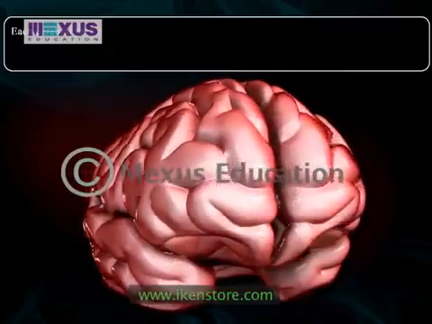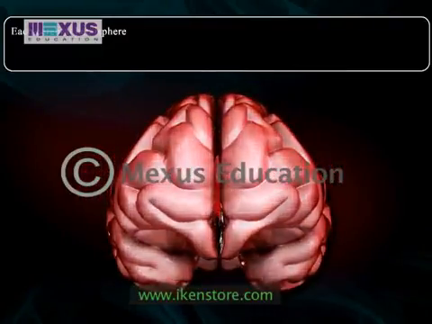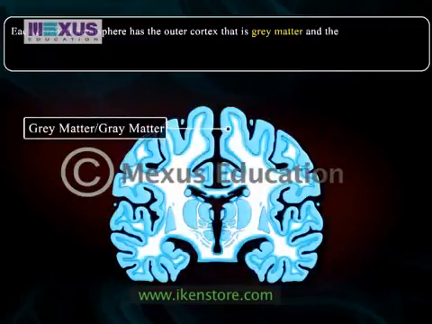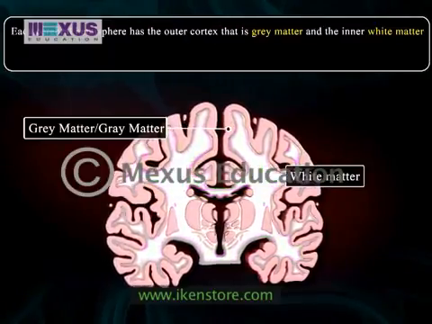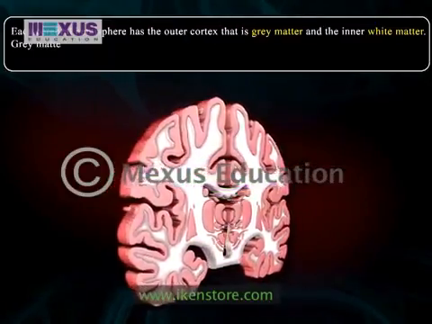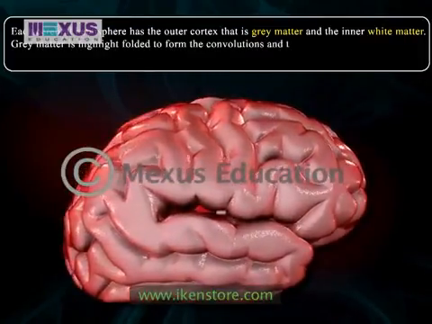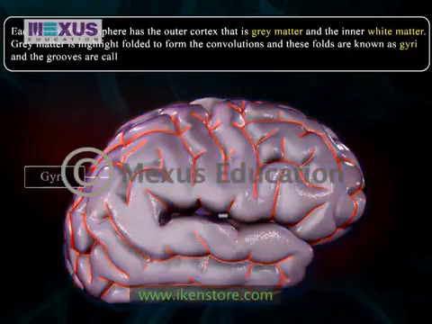Each hemisphere is hollow internally and their walls have two regions: the outer cortex, that is grey matter, and the inner white matter. Grey matter contains cell bodies of neurons. Grey matter is highly folded to form the convolutions, and these folds are known as gyri, and the grooves are called sulci.